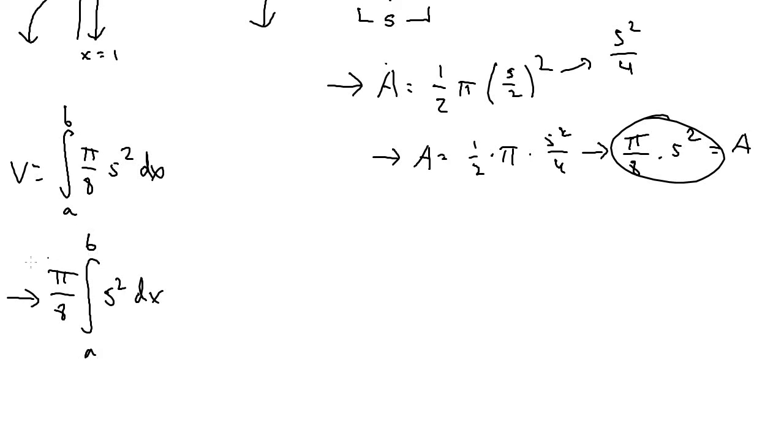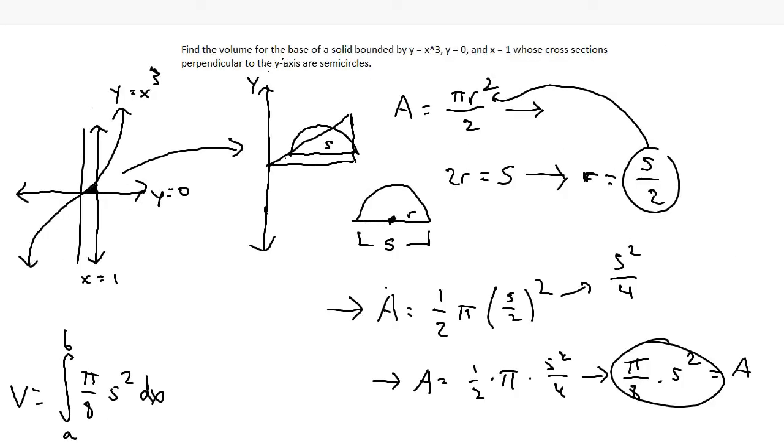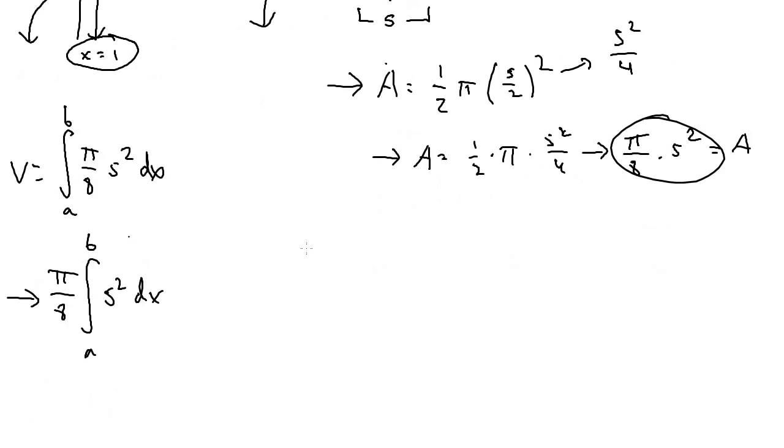Since we're going perpendicular to the y-axis, everything needs to be in terms of y. In order to find the y bounds, we can first change our two equations so that they're in terms of y. x equals 1 is already in terms of y, and we need to change y equals x cubed. To get rid of the cube, we can just cube root it.